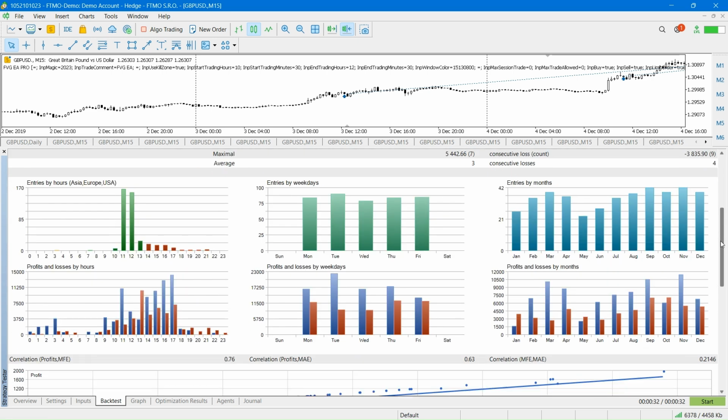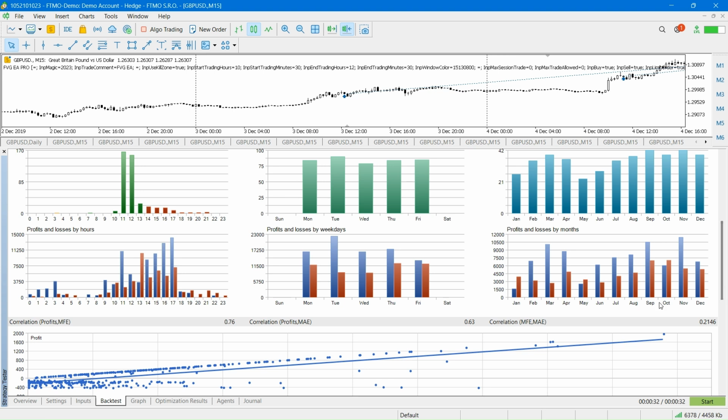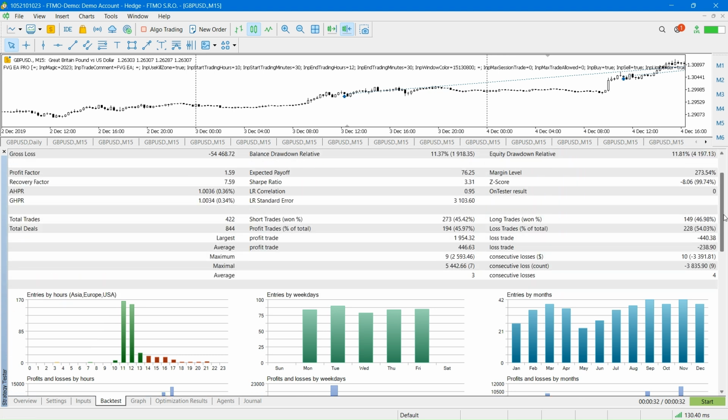And if we look at the graphs here, we have October and January, which are not good months. So if we put these settings on a live account, we can simply not trade in January and October. And this will help us have a higher win rate all along the year.